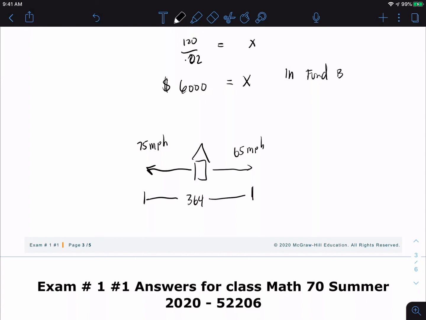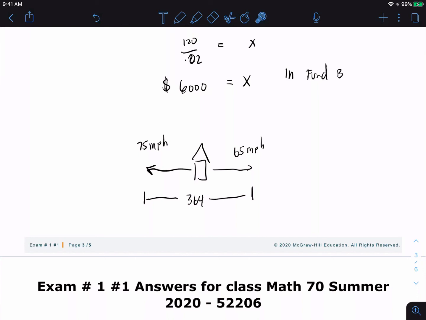Well, check this out. We don't even need to do a bunch of fancy math. We could, but we don't need to. Every hour, how far are the trains going apart? Oh, it's the sum of the 2.